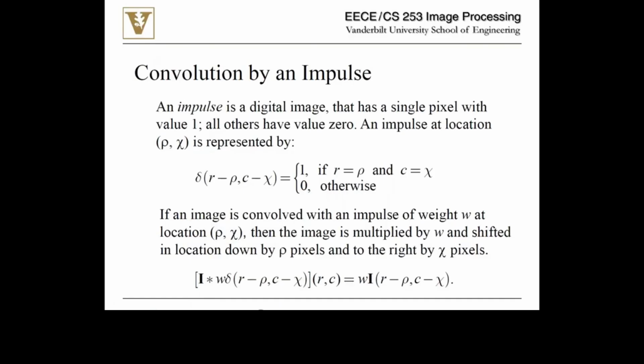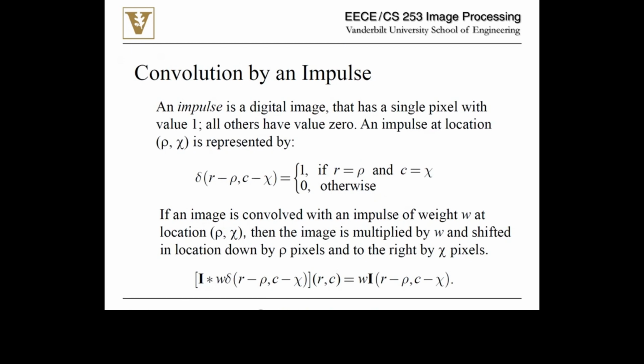Here you have an image convolved with a weight times a delta that is shifted to some location. This location is rho chi. The result of this convolution will be the input image multiplied by the weight, and then shifted to the rho chi location.